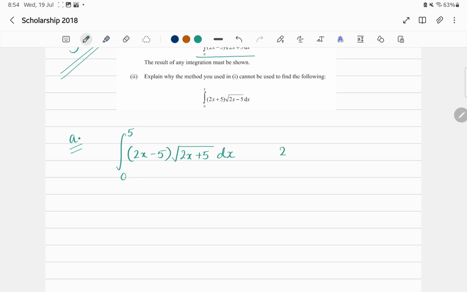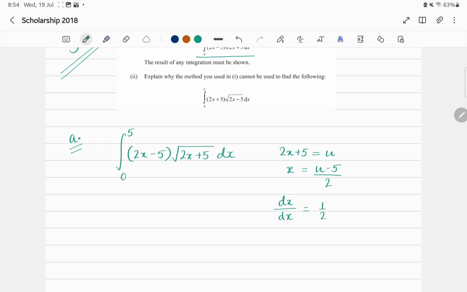Let's take 2x plus 5 equals u, and so that will give us x equals u minus 5 over 2. And when we differentiate, we get dx over du equals a half. So we have got that.